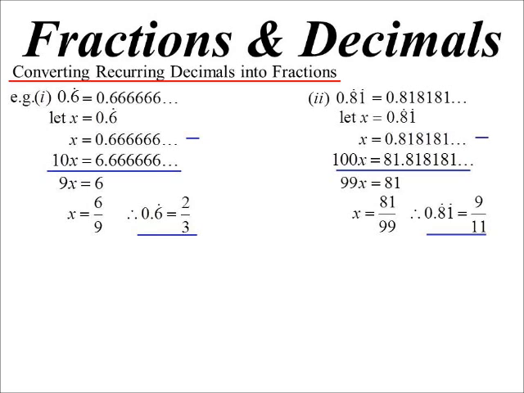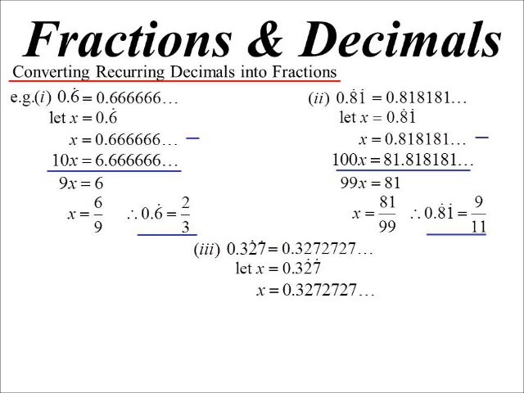But of course, sometimes not all the digits are recurring. Something like 0.327 repeater, which is 0.3272727 and so on. I'll use the same idea. x is 0.32727272727. There are 2 numbers repeating, so I will multiply by 100, and I get 32.72727272727, but that's okay.